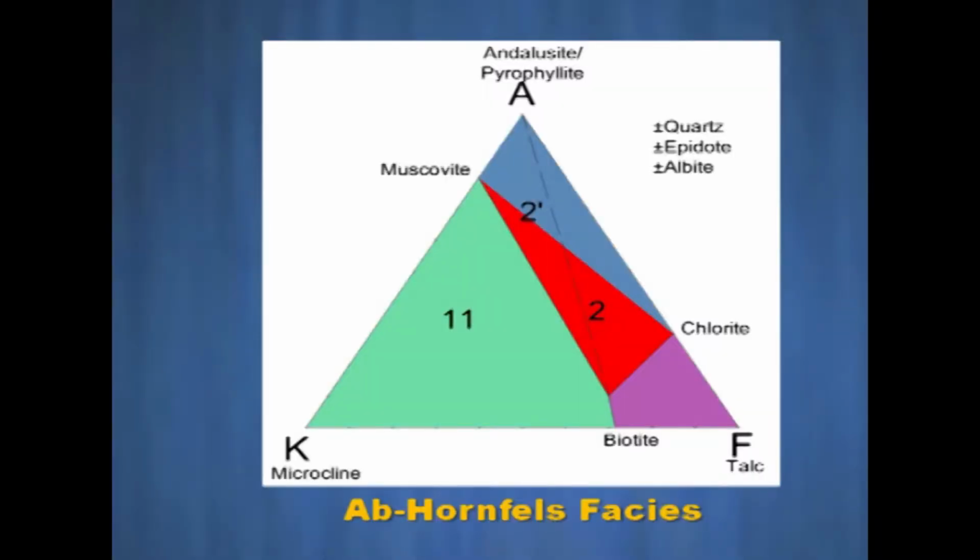Figure 1, ACF diagram of Albite Epidote Hornfels facies. The possible additional phases are quartz, albite and epidote. Figure 2, AKF diagram of Albite Epidote Hornfels facies. The possible additional phases are quartz, epidote and albite.